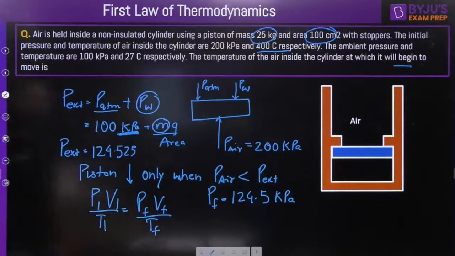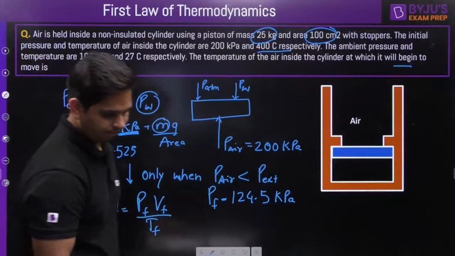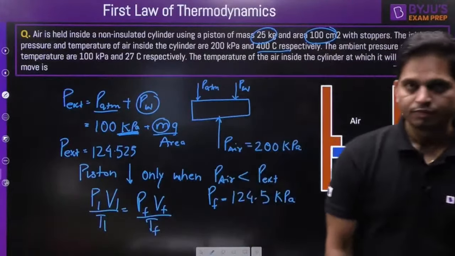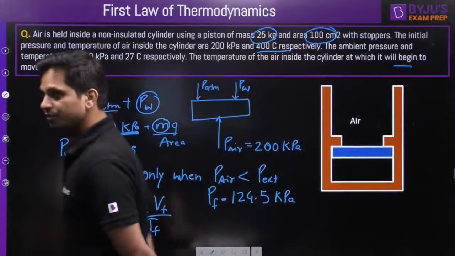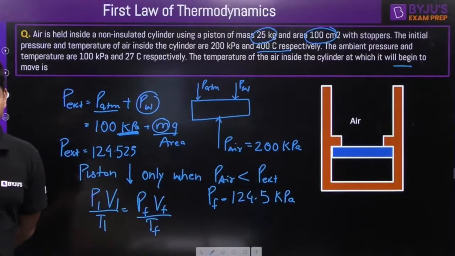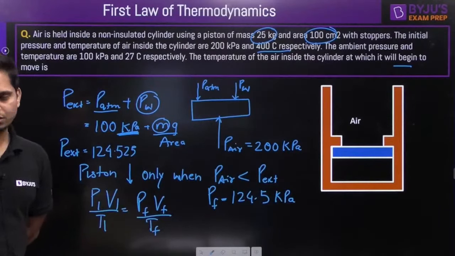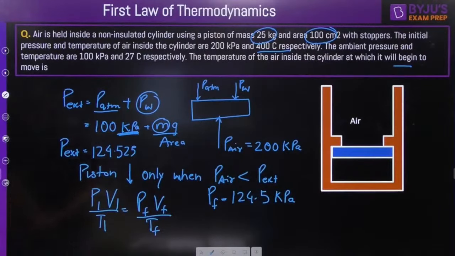Can you find out T final? T final is equal to 419 point. Yeah, that's absolutely correct.